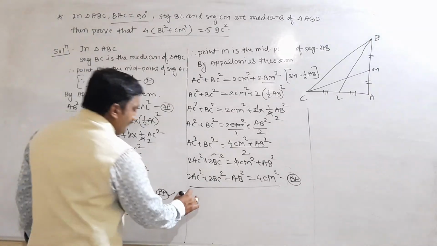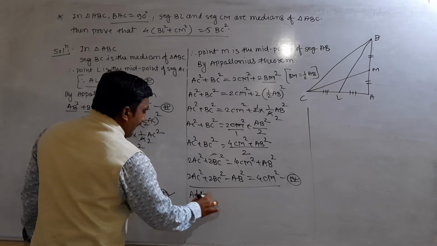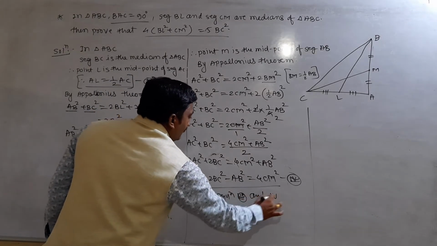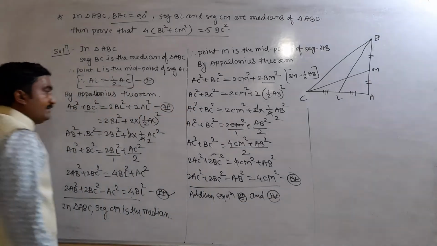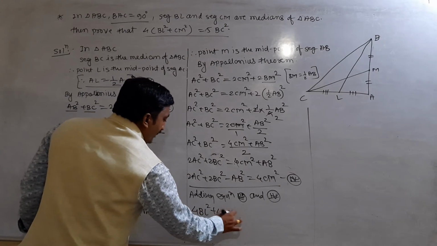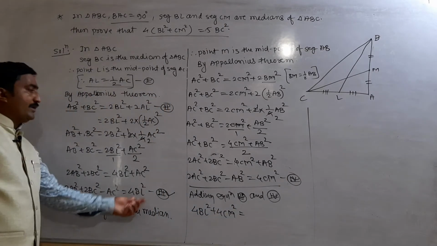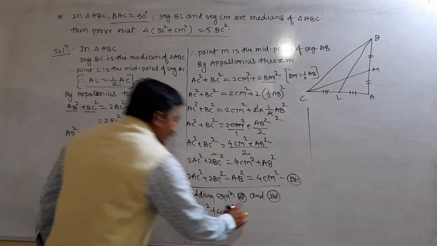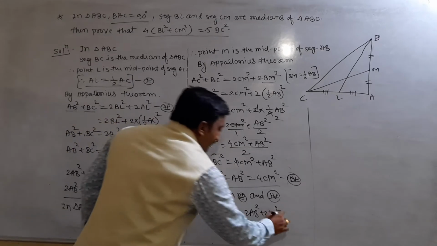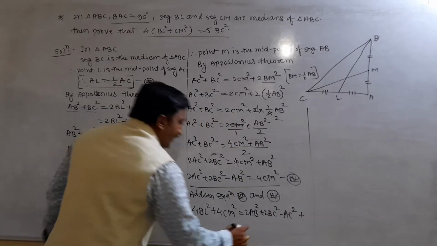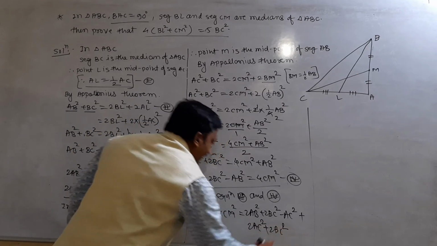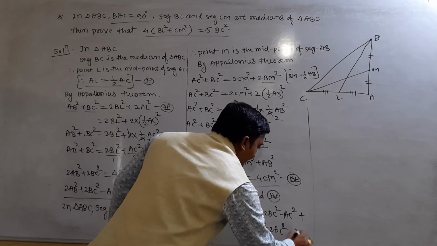Then by adding equation 3rd and 4th, 4BL square plus 4CM square is equal to 2AB square plus 2BC square minus AC square plus 2AC square plus 2BC square minus AB square.